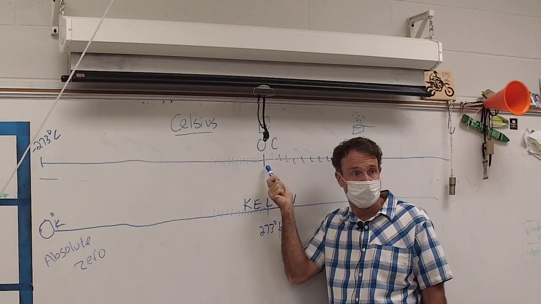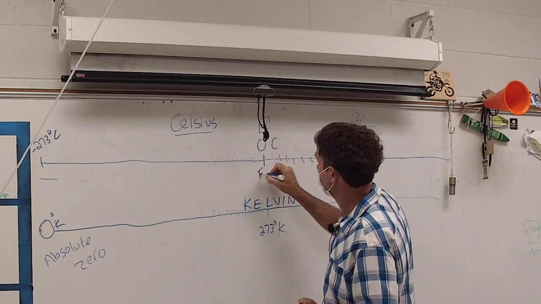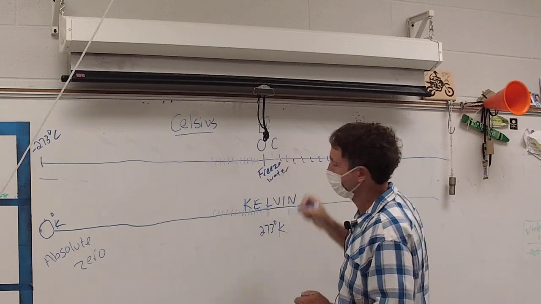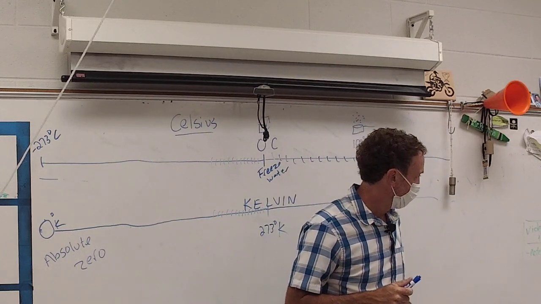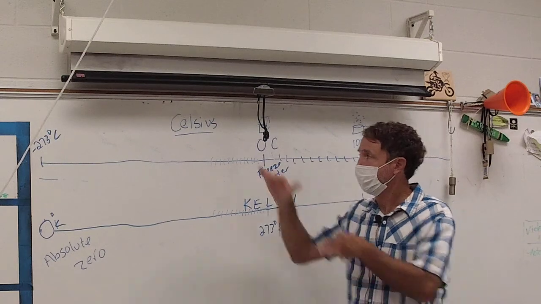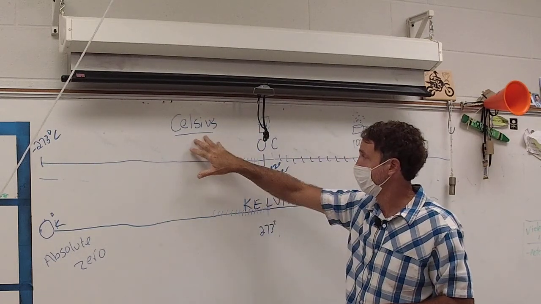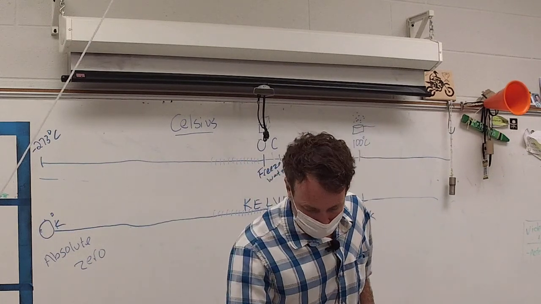It's the freezing point of water. That's right. So Celsius is a really nice, practical scale to use, okay? So that's the end of the little tiny section on Celsius temperature and then Kelvin temperature, all right?